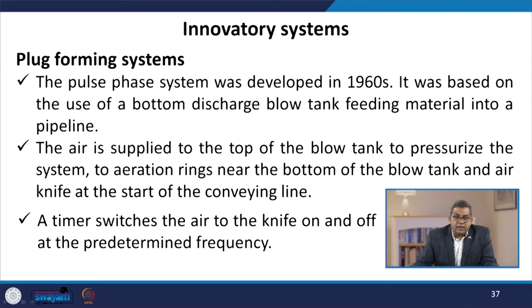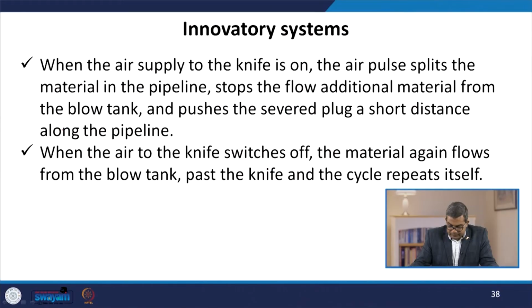Usually we have timer switches. So, a timer switches the air to the knife on and off at a predetermined frequency. When the air supply to the knife is on, the air pulse splits the material in the pipeline, it stops the flow of additional material from the blow tank, and pushes the severed plug a short distance along the pipeline.